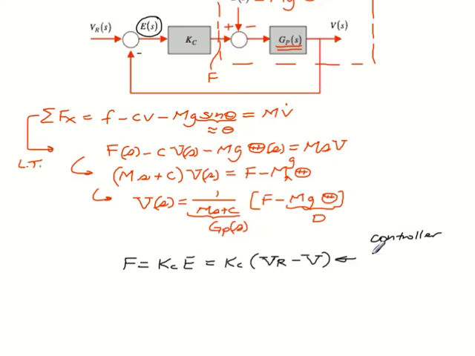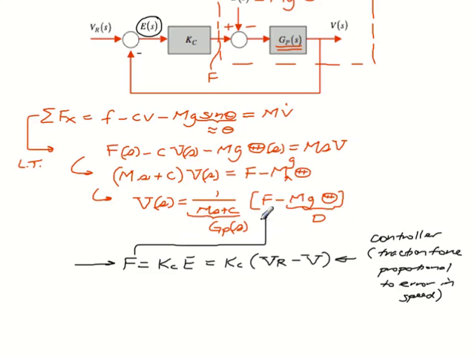The interpretation of this is that our traction force is proportional to the error in speed.